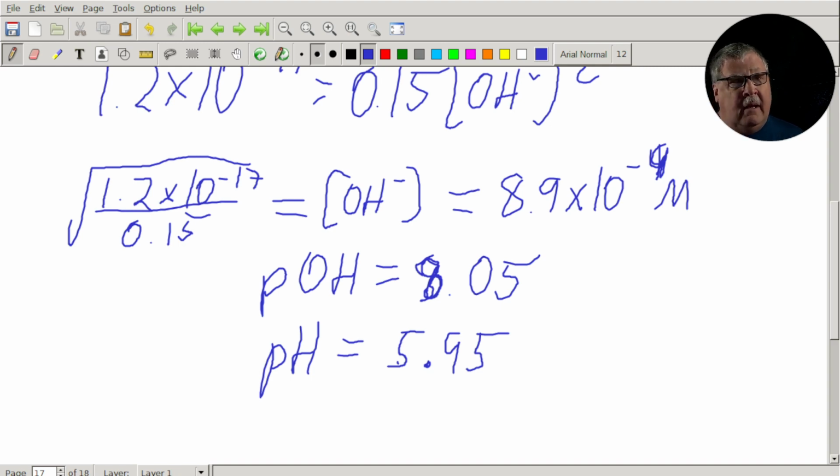You can say, I want to precipitate out zinc hydroxide, so I'm going to start dumping hydroxide ion into this solution, and you'll start to see a precipitate form.